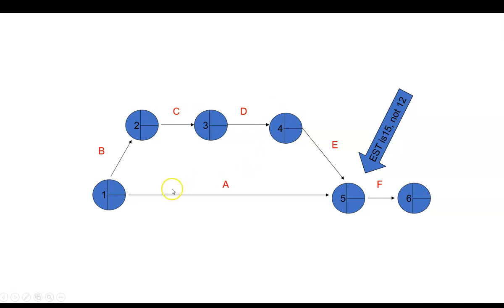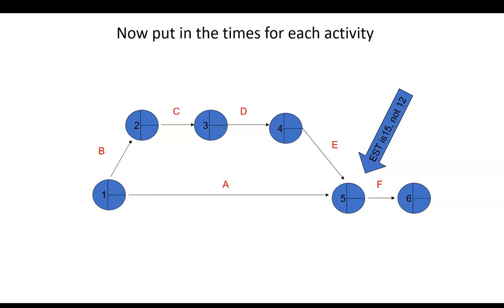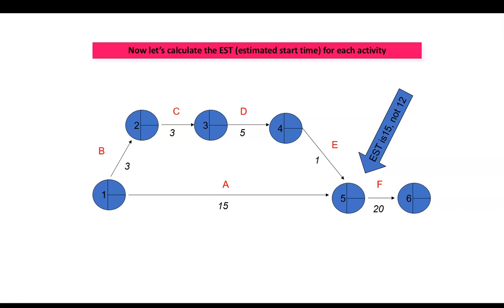And the way that we do that is we take the previous estimated start time, we always start at 0, then we add the length of time, and that gives our estimated start time for the second activity. And then 3 plus this 3 here will be 6, so that 6 should appear there.